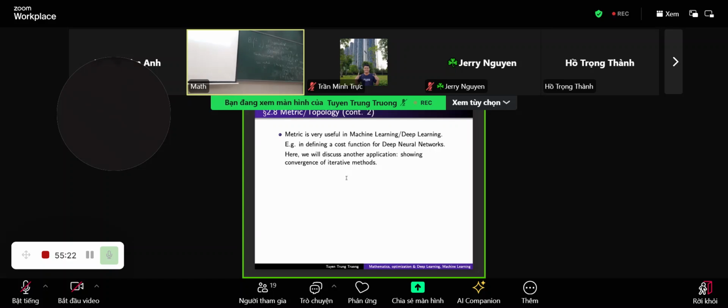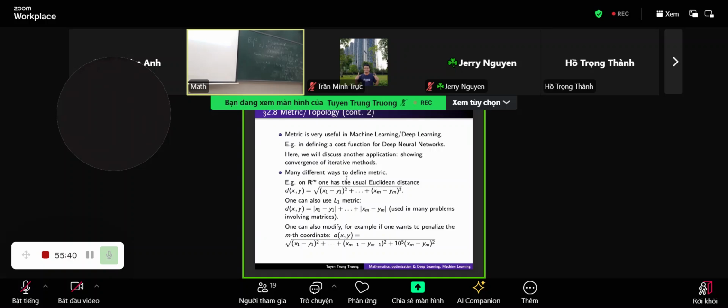And you see another way to prove convergence. Actually, for dynamical systems, the goal is to prove that you can avoid such points, and this kind of metric topology helps you to prove global convergence. And you have many ways to define a metric.